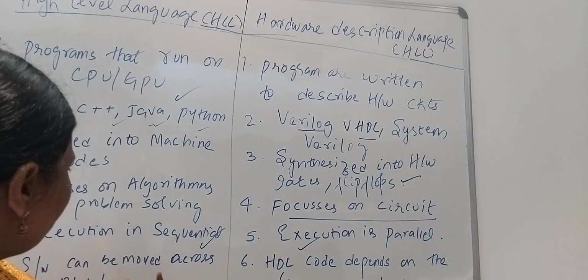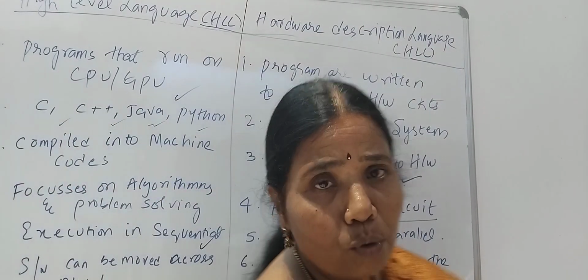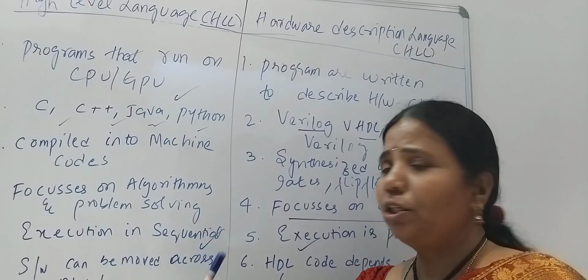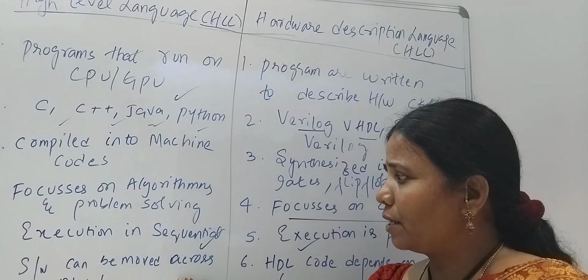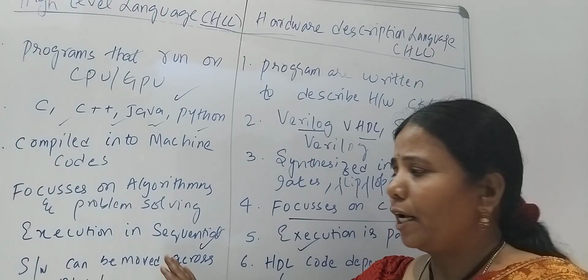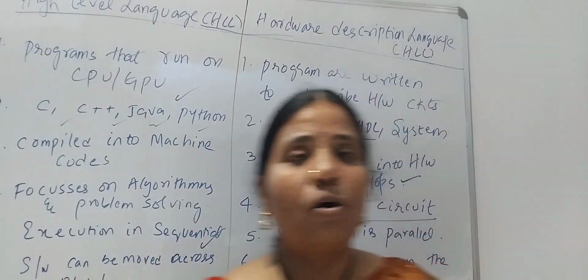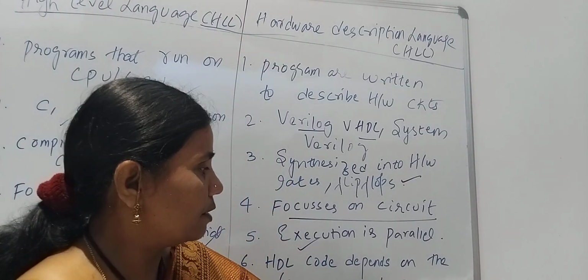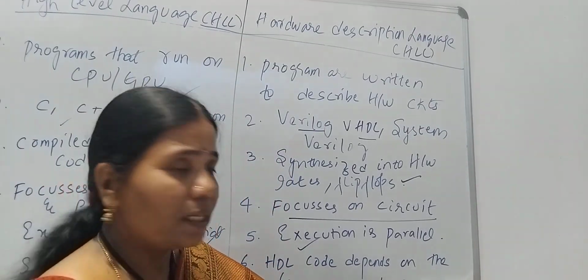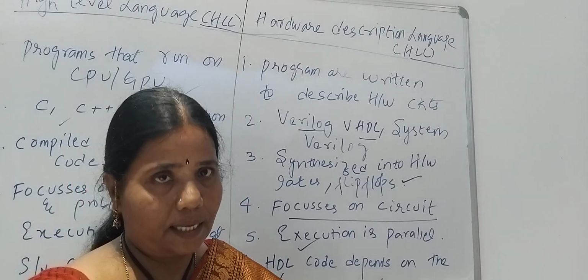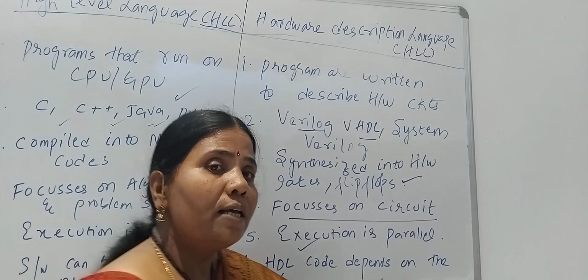Next, software can be moved across platforms, whichever hardware circuit you are using. HDL is implemented using a hardware circuit, that is FPGA, field programmable gate array, or it can be implemented on ASIC, that is application specific integrated circuits.